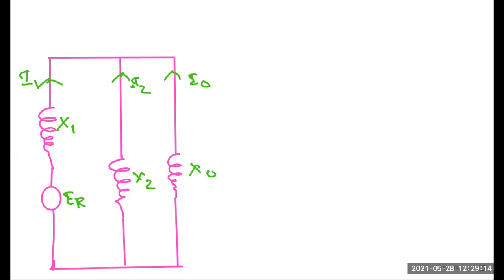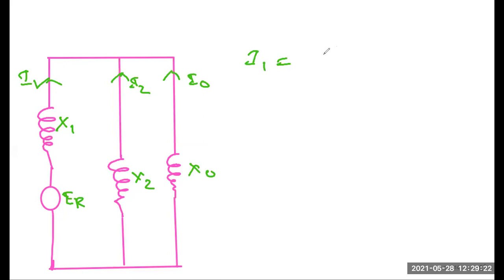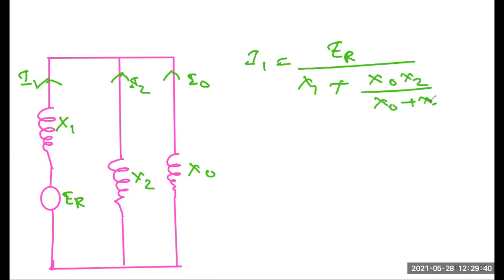Now, first of all, we'll calculate I1. Can you understand this? So I1 will be equal to ER divided by the reactance X1 plus the parallel reactance of X2 and X0, so X0 X2 by X0 plus X2.